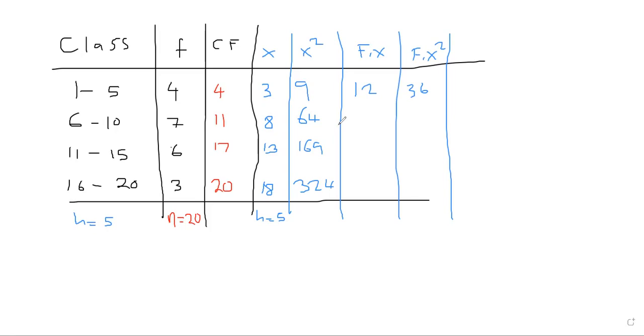Quickly, follow my procedure. Seven times what? 7 times 8 is what? 56. Then here, how do we evaluate it?